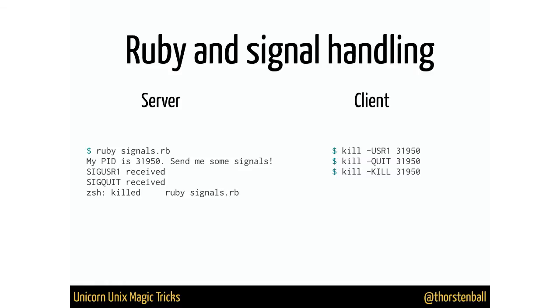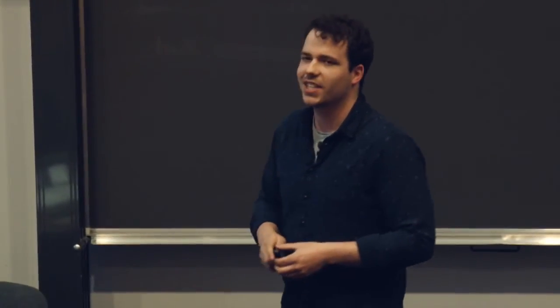Now, if we run this as our server on the left, and again, we use a highly sophisticated client on the right and send our signals to our server, we can see that our server executes those signal actions we just sent with the kill command. But again, the only limitation is we can't redefine the signal action of the kill signal.